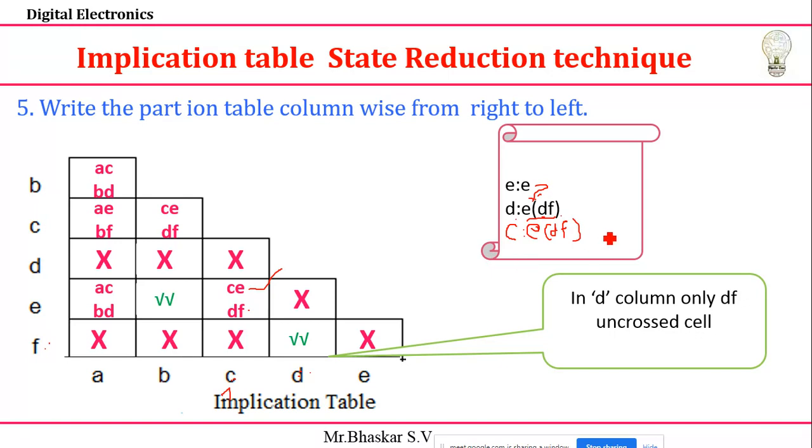If you want to write one more time, I'll write C and E, the relation CE and DF. If you want to write, okay. But DF is being used two times. You need to simplify this. So I'm going to consider only one DF. And here E and CE is there. If you have E and CE, E is present as an individual state. C and E there is a relation.